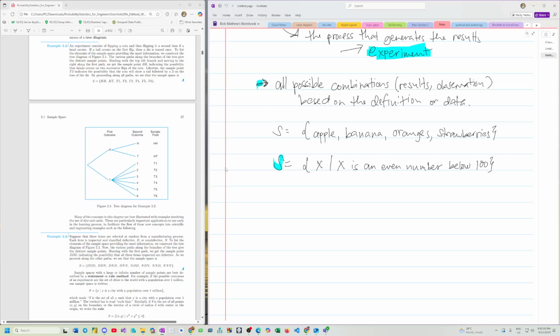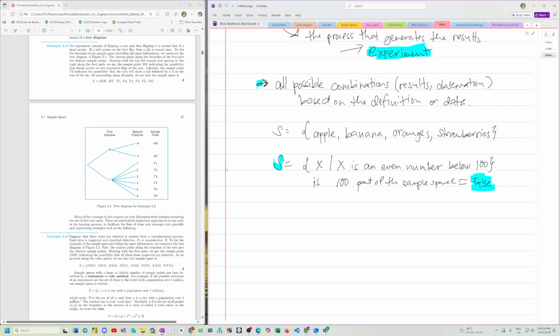So if we're going to be asking, is 100 part of the sample space? What is our answer? It is false, because 100 should not be part of it. Correct?